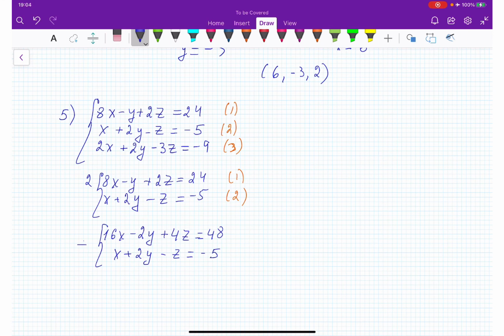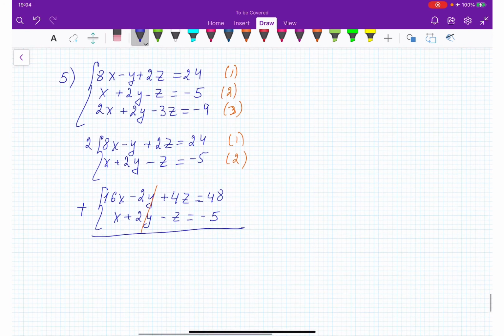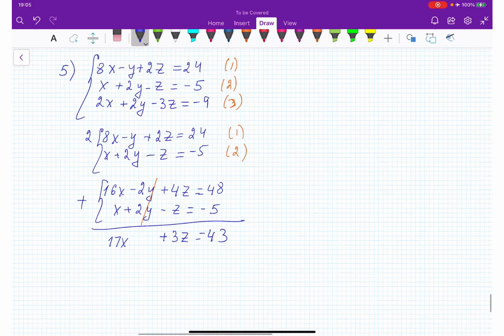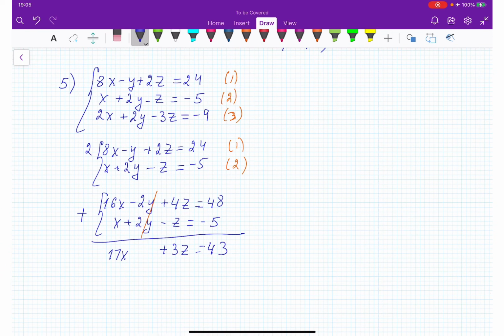So if I add, y is gone. So I am getting 17x plus 3z is equal to 43. Wow, nasty number. 17, 3, 43, all prime numbers. How did we get this lucky? Okay, so we got x and z.